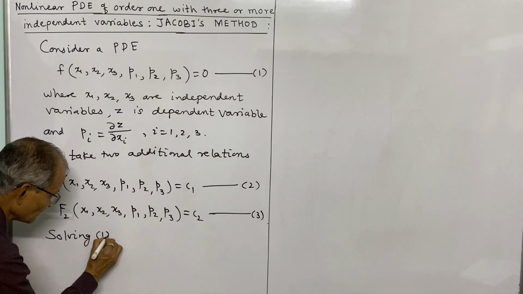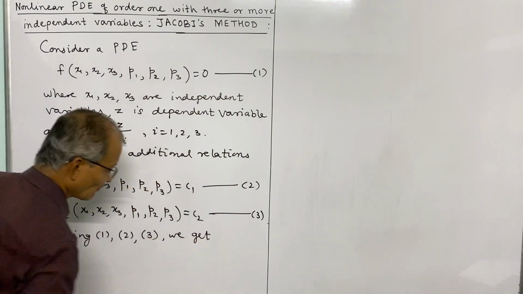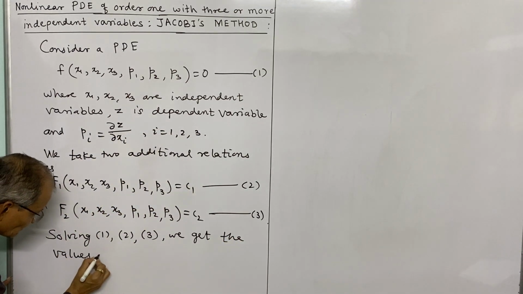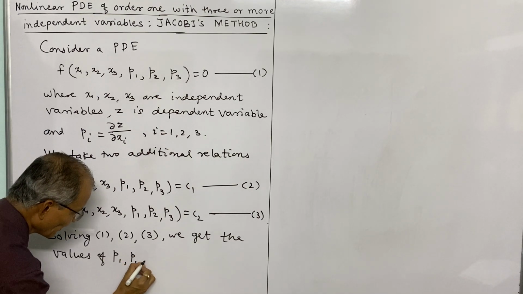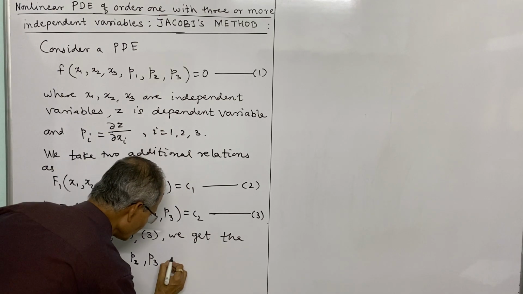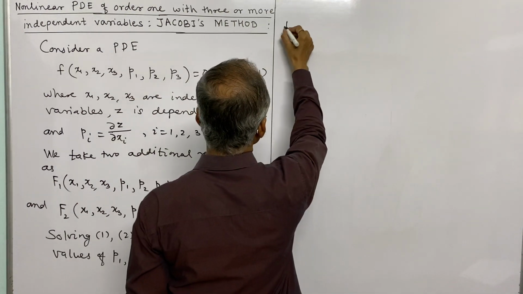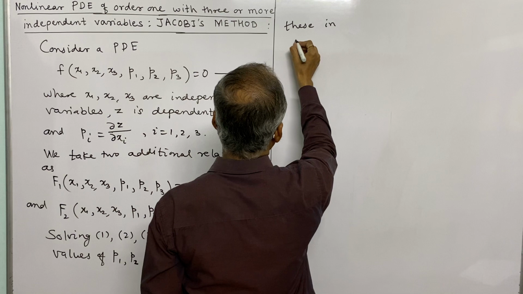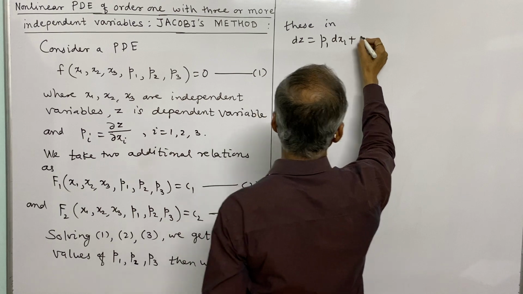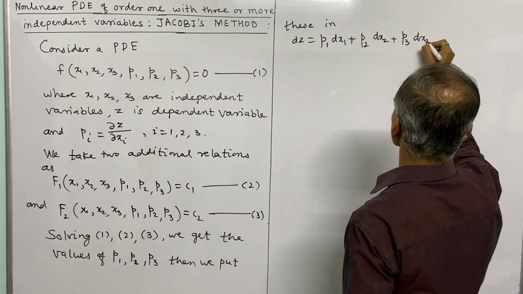So solving 1, 2, 3 we get the values of P1, P2, P3, and then we put these in dz, which is equal to P1 dx1 plus P2 dx2 plus P3 dx3.